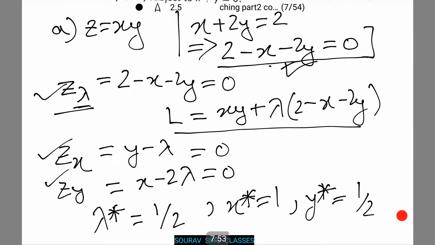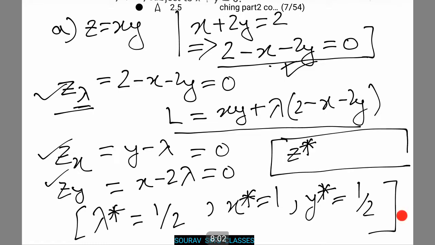Therefore, from these 3 equations, we obtain the value of z star, which comes equal to half. Notice we have z equals xy, thus when we put the values of x and y, that is 1 into half, we obtain this specific value, and this is valid for each and every Lagrange function that we are going to do. Let's try out another question.